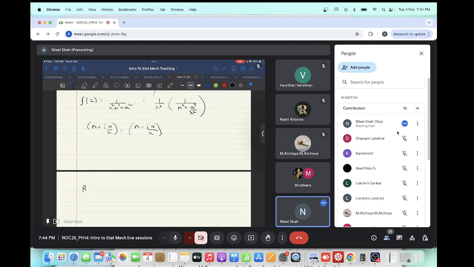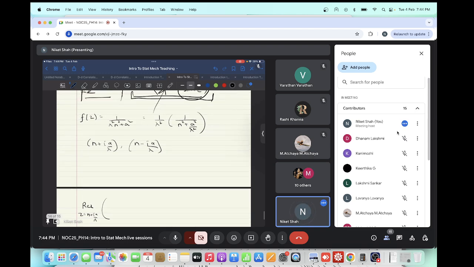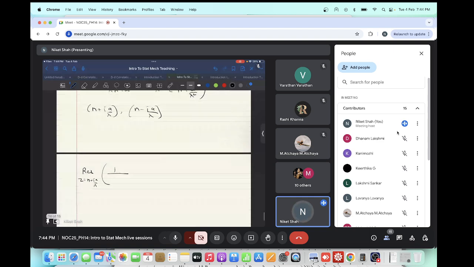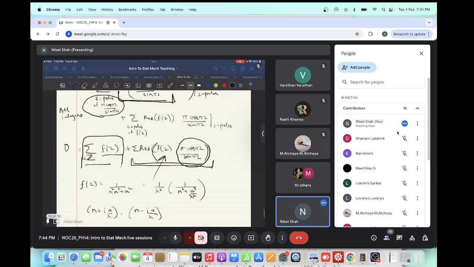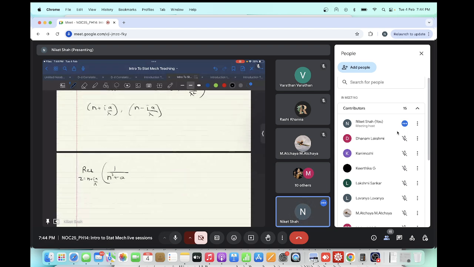Residue at z equal to n plus I a by lambda of 1 upon n square plus a square by lambda square multiplied by pi, plus residue at z equal to n minus I a by lambda of 1 upon n square plus a square by lambda square, divided by pi cos pi z sin pi z.